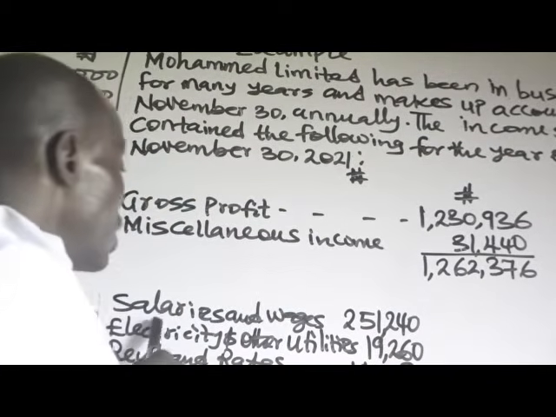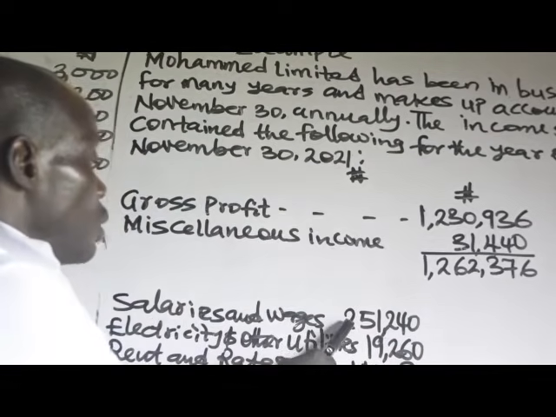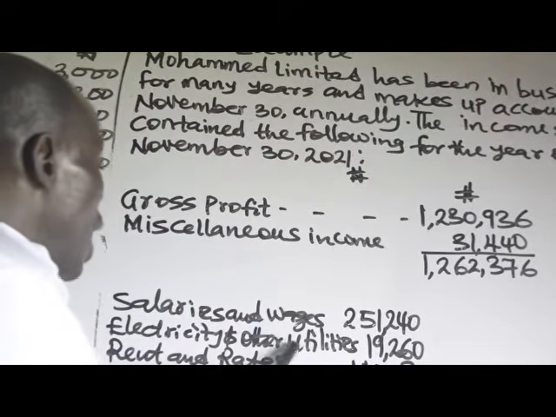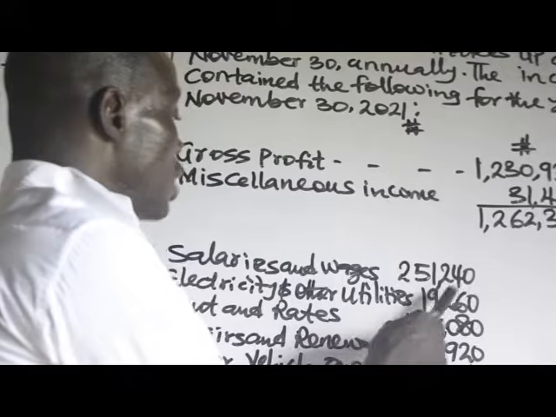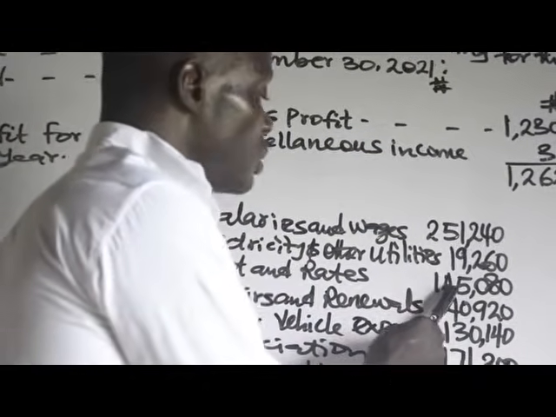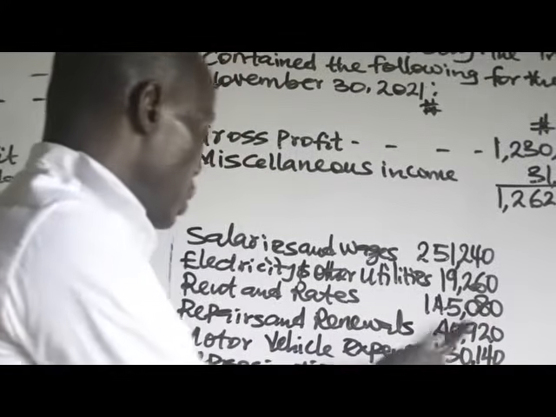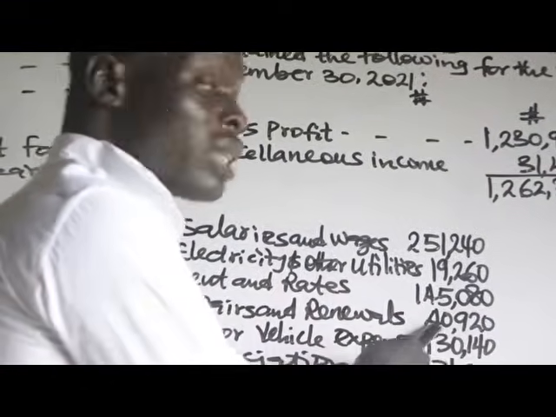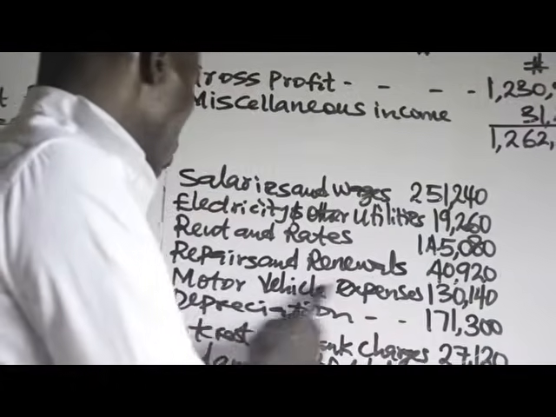We have salaries and wages 251,240. Electricity and other utilities 19,260. Rent and rates 145,080. Repairs and renewals 40,920.